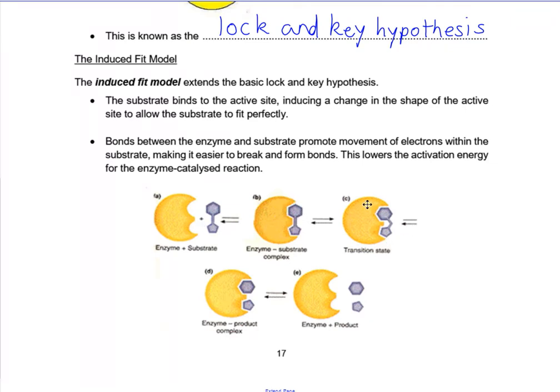In the transition state, the bond between the hexagon and the pentagon is strained, and this makes the activation energy for breaking the two parts of the substrate apart lower, and once the reaction has occurred, the products diffuse away from the surface of the enzyme, which can then catalyse the reaction of another substrate molecule.